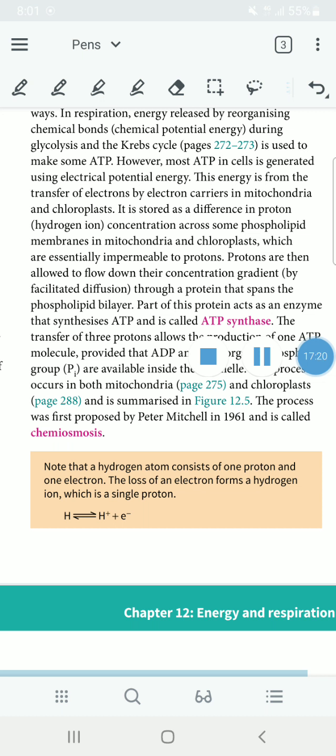Please highlight that last sentence, the definition of chemiosmosis.